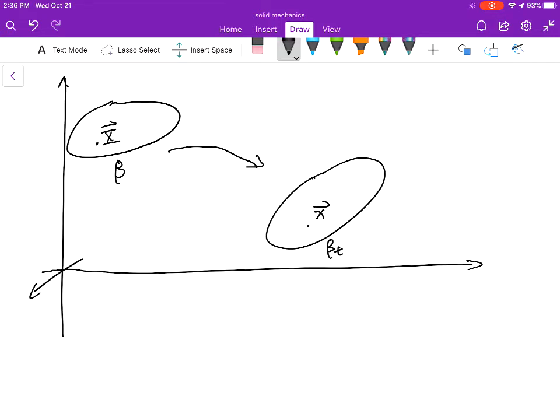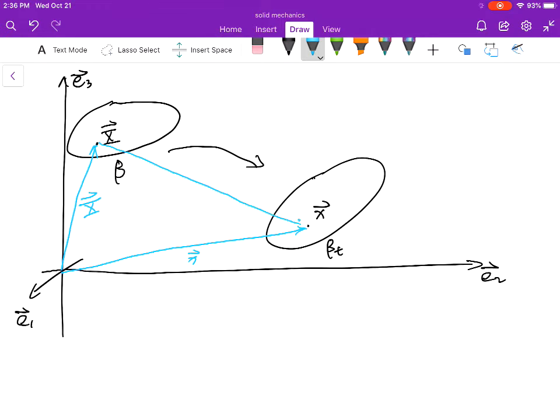Like this. So this would be E1, E2, E3. Let's say we have an orthonormal basis in a Cartesian coordinate system, so these vectors are basically the lowercase x vector, and this is the uppercase X vector, and then this vector is the displacement u equal to lowercase x minus uppercase X. That's it.